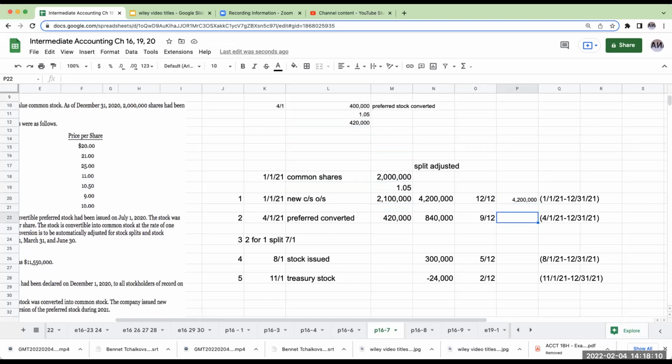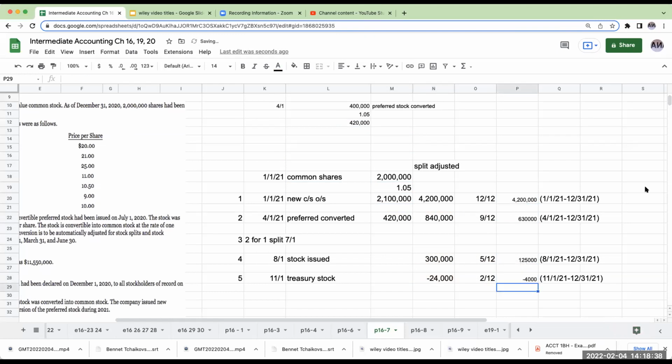So for this one, it's going to be 840,000 shares split adjusted times 9/12 or 630,000. For the stock that I issued for the acquisition, this is post-split, so I'm just going to take the 300,000 and multiply it by 5/12. And then for the Treasury stock, this is going to be 24,000 times 2/12.